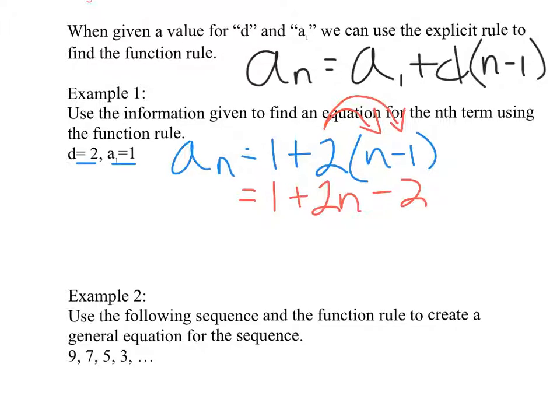Then we combine like terms, 1 and negative 2, and we get negative 1. We bring down the 2n, so our function rule is A sub n equals 2n minus 1.